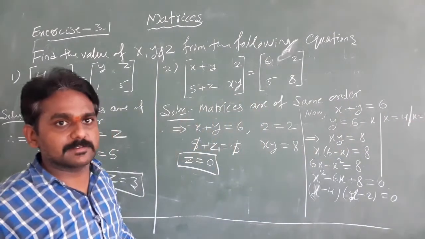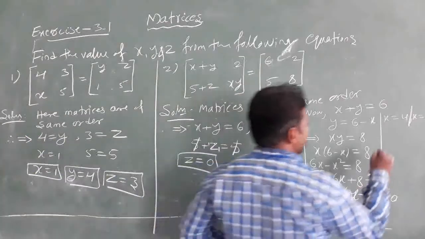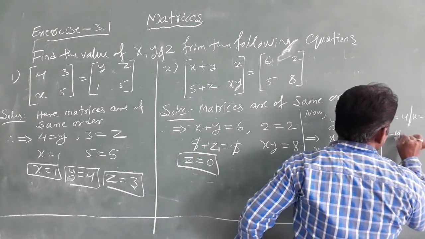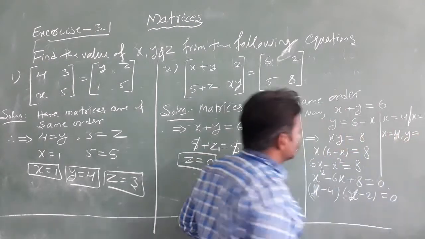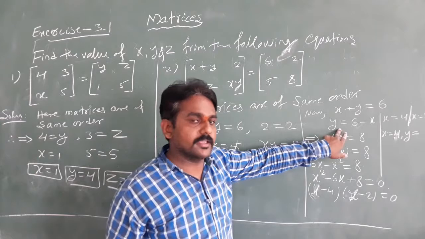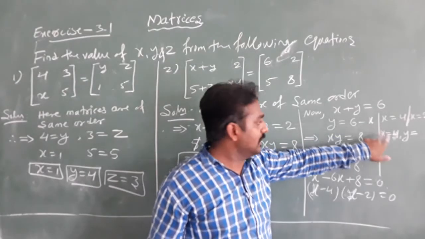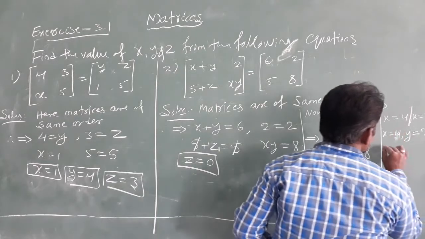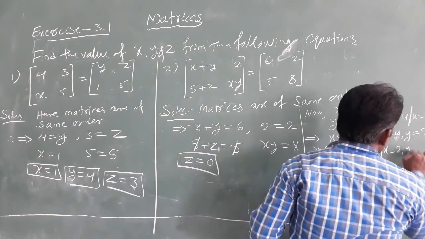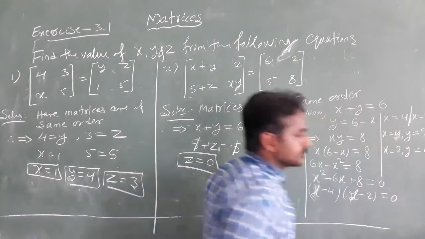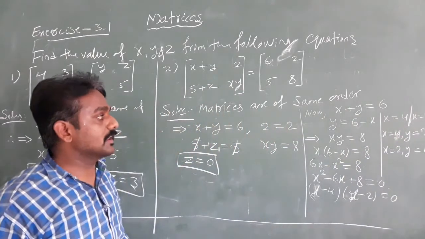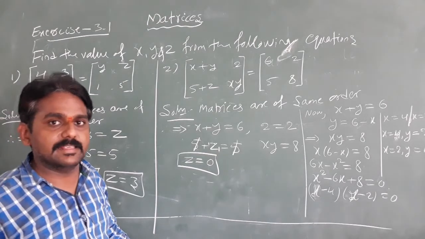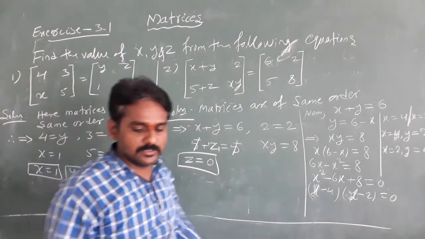Two values we get here. So, if x equal to 4, then y equals 6 minus x, that is 6 minus 4, that is 2. If x equal to 2, then y equals 4. These are the possible values from the equality of the matrices. Just note it down, students.